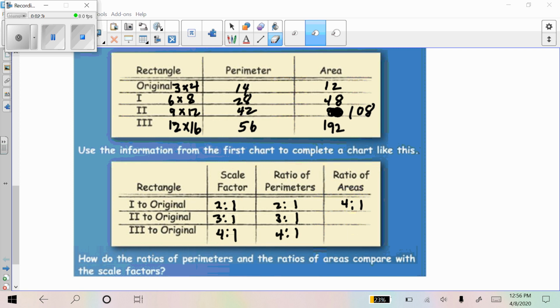I did my area wrong on the second rectangle. It should have been 108. And then the ratio would be 9 to 1. And the last ratio, 192 to 12 would be 16 to 1.